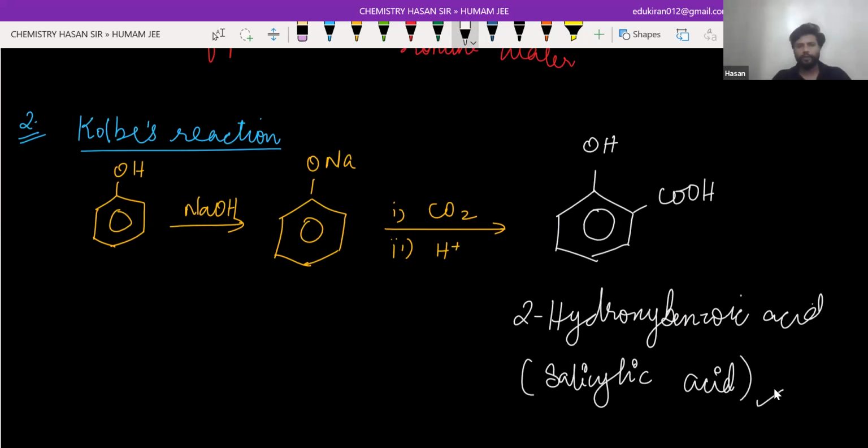So this is the first common name of phenol here. After reaction of phenol with all this, then we will get the Reimer-Tiemann reaction. First write it.